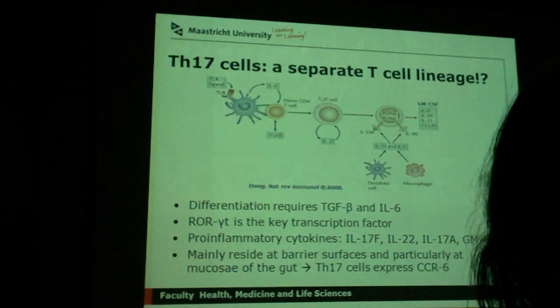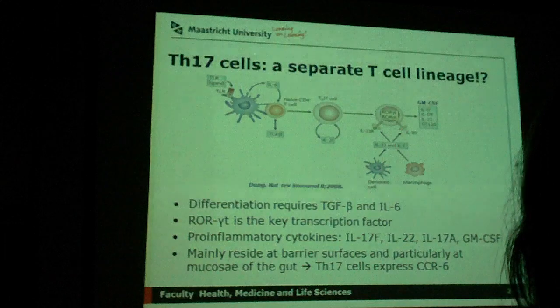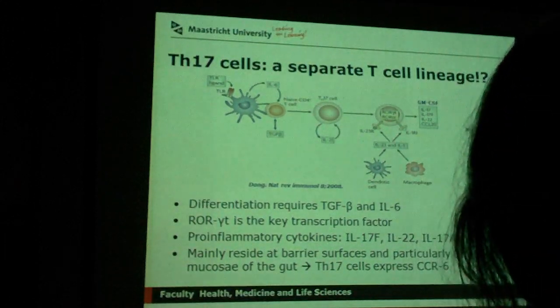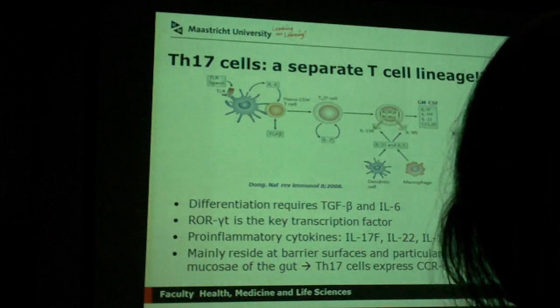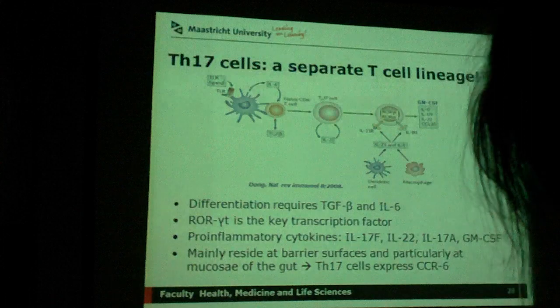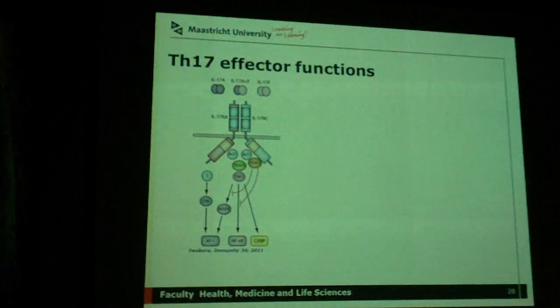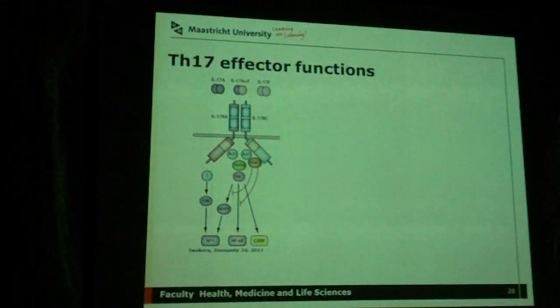These cells are mainly found at mucosal tissues, so at the barrier surfaces like the lungs and the airways, the gut. There you can find a lot of Th17 cells. IL-17 is a cytokine family consisting of 6 different cytokines.